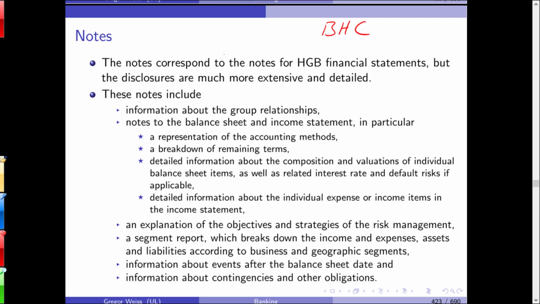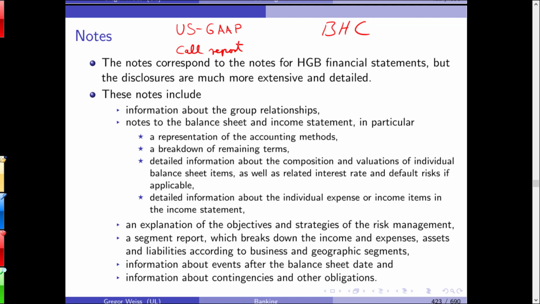Obviously, this IFRS accounting is not really relevant for US banks. US banks will have their financial statements done under US GAAP, generally accepted accounting principles. But they will also publish what is called a call report.